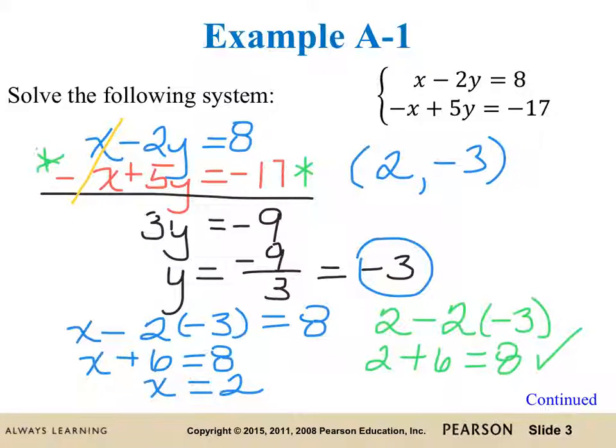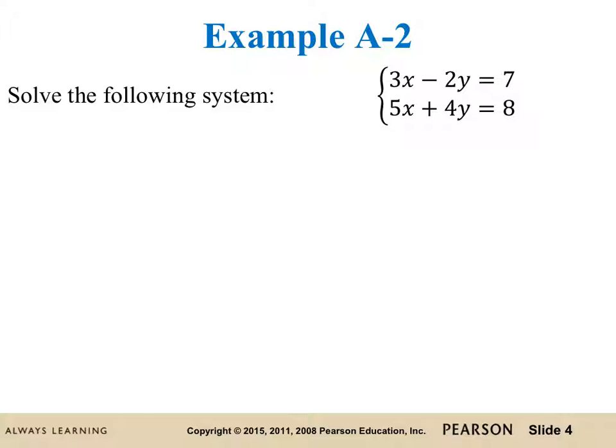So let's try another problem. Here we have the system 3x minus 2y equals 7 and 5x plus 4y equals 8. And unfortunately, if we simply add these two together, neither of our two variables drops out.